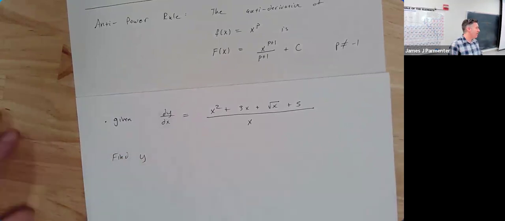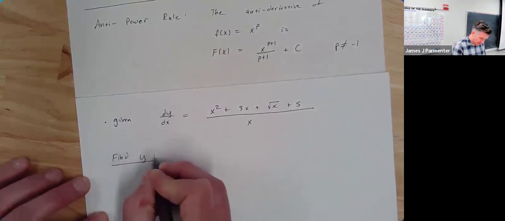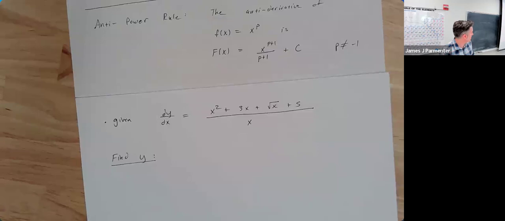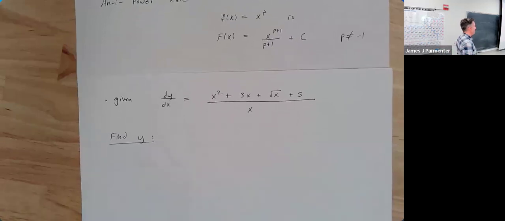The antiderivative of the derivative is just the function. So we want to find y. Most of these problems at this point, before we can find y, we might have to do some simplifying, right? I don't just have x to a power. So I can't just throw the power rule at it or the anti-power rule at it.